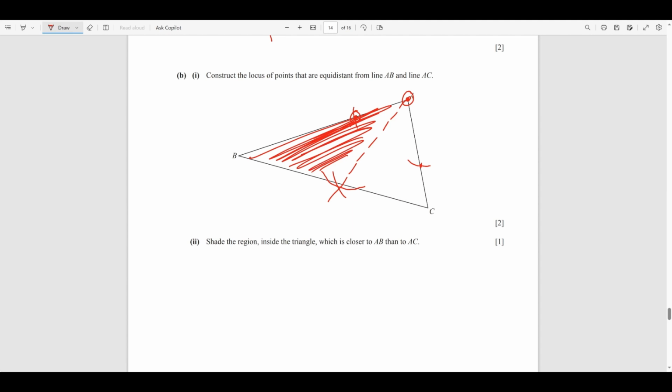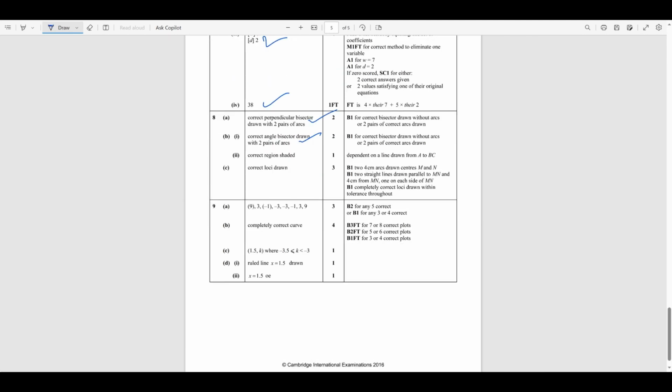Because AB is this line, all the points lying on this side of the angle bisector will be closer to the line AB. So we have marked it. Correct region shaded, dependent on the line. Okay, so we're good.